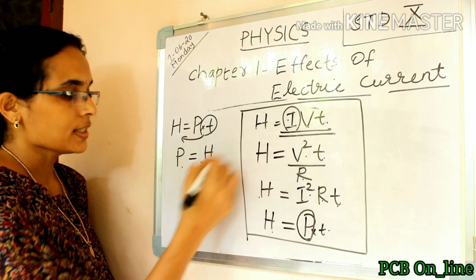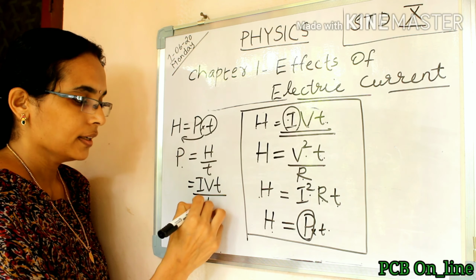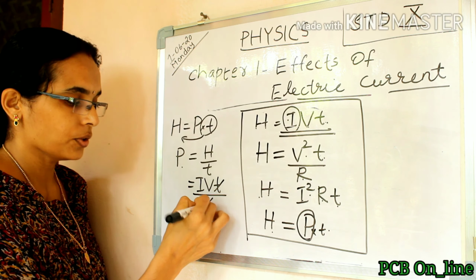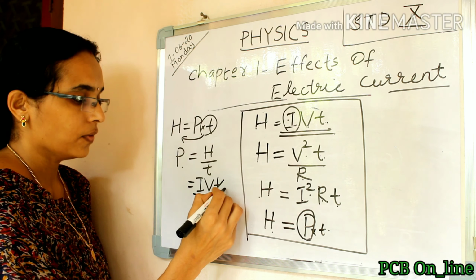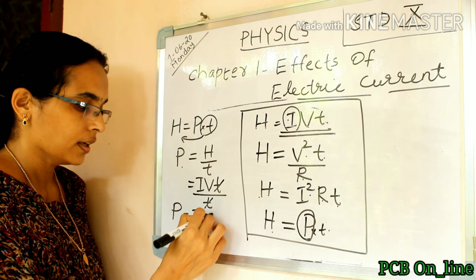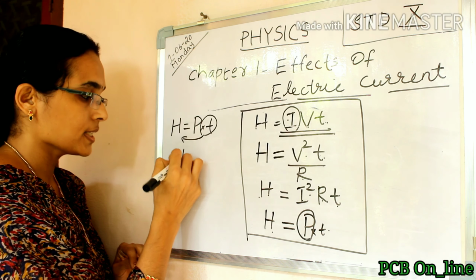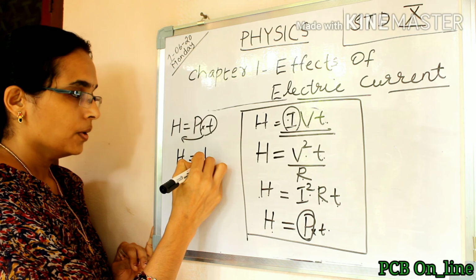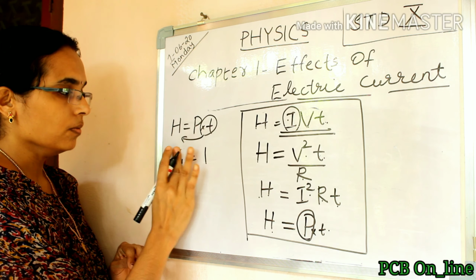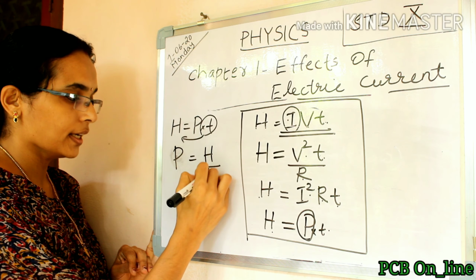That is, H is equal to IVT, divided by T. These two T get cancelled and we get P is equal to IV. This is the equation for power. We get H is equal to PT here. So, P is equal to H by T.